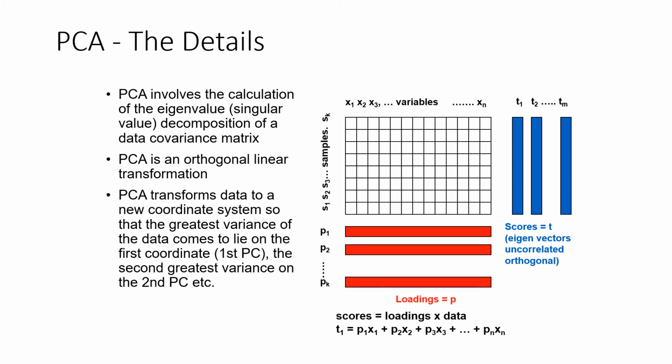Typically in a data matrix for PCA, there'll be a bunch of samples, 100 samples, and then 150 metabolites that are, say, measured. From there, you calculate the eigenvectors and the loadings.